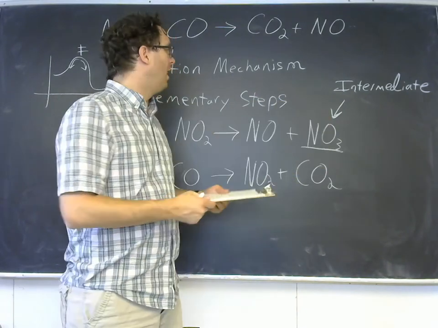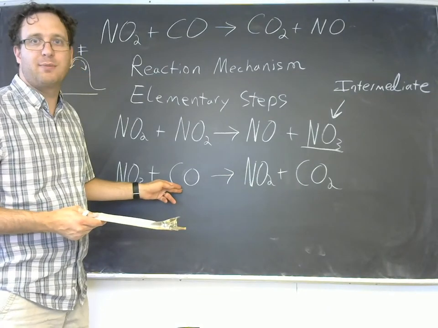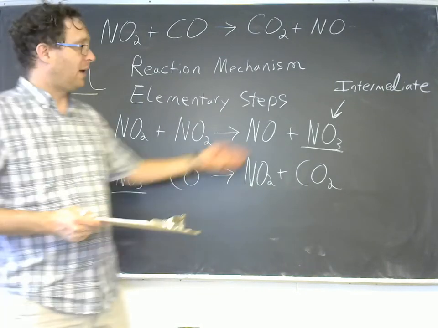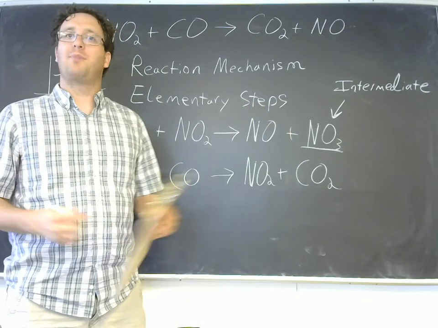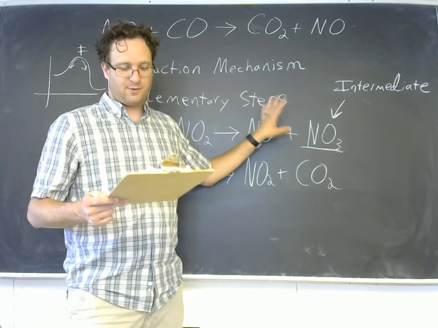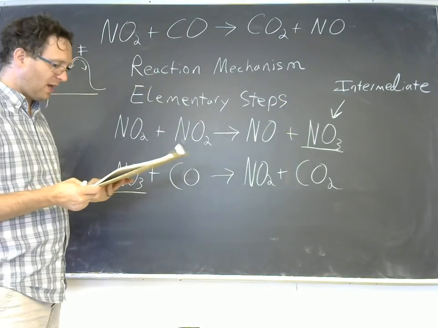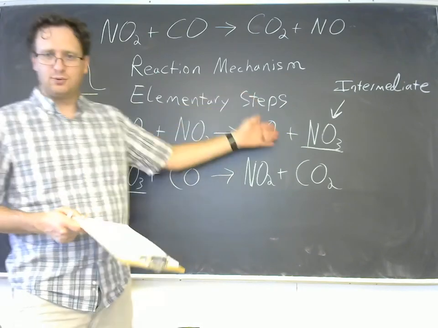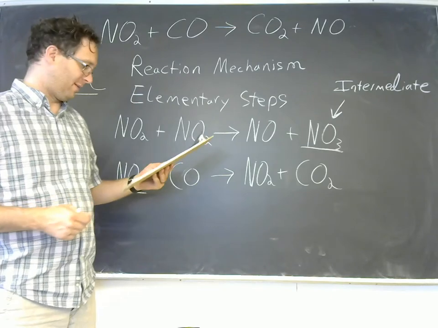I could make some nitrogen trioxide, and as long as there isn't any carbon monoxide around to consume it, perhaps I could store it and study it. It's an actual chemical compound. And so that is an intermediate. Reaction intermediates are important. Oftentimes they're either so dilute or so short-lived, however, that we cannot observe them directly.